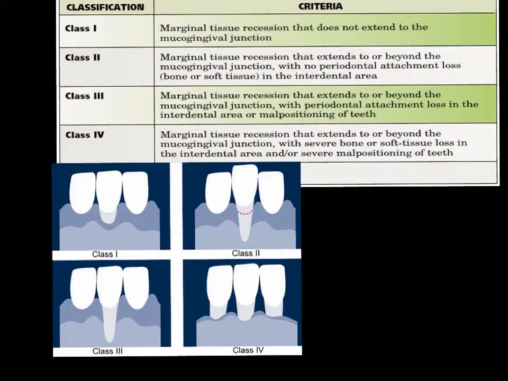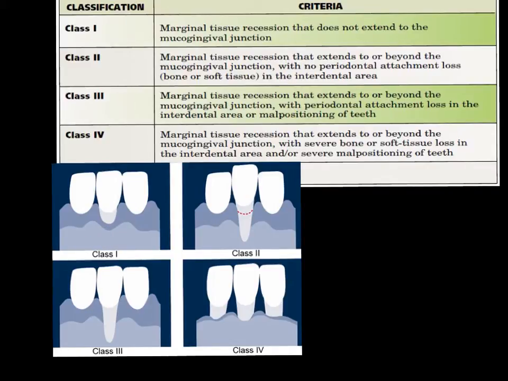In Class 1, as we see in the classification, the marginal tissue recession doesn't extend to the mucogingival junction. This is the mucogingival junction. We have recession, but not extending beyond the mucogingival junction.